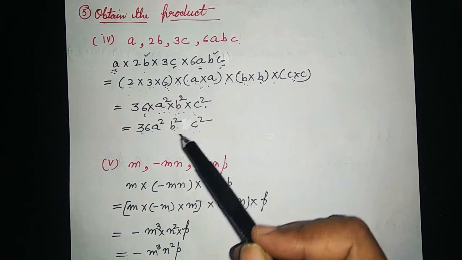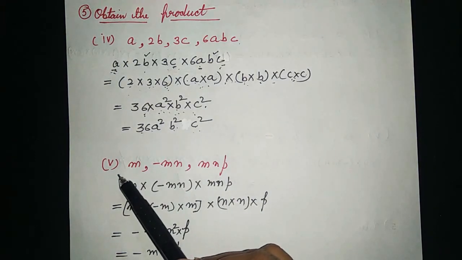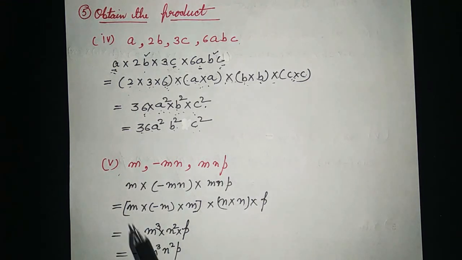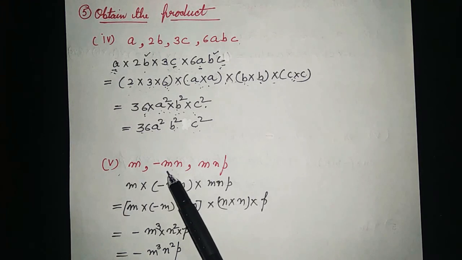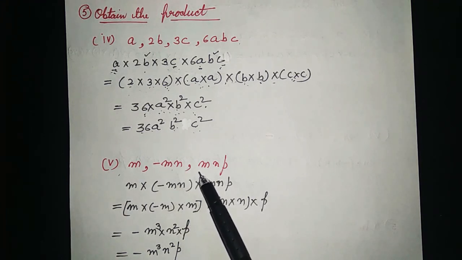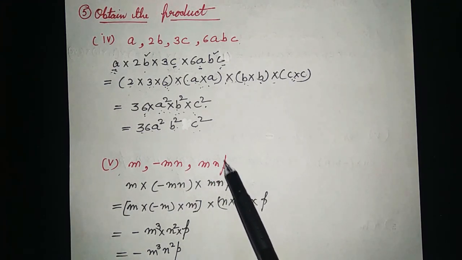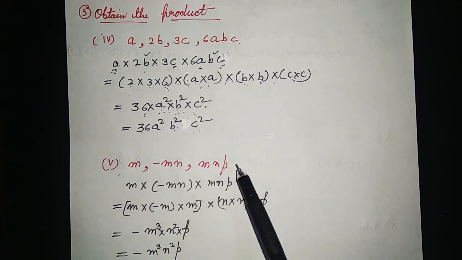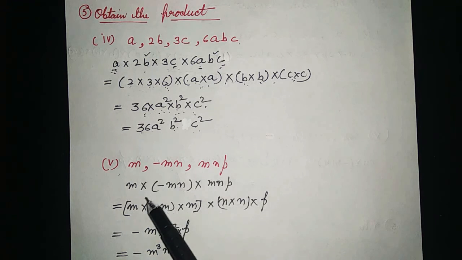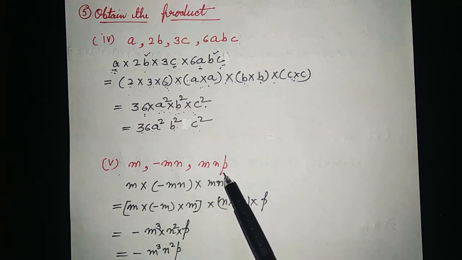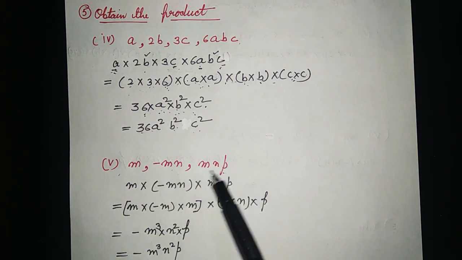Now see the fifth part of the last question. m and minus mn, and after this mnp. Here you can see 3 monomials. Now we will multiply them. We will write all the 3 monomials with the sign of multiplication.